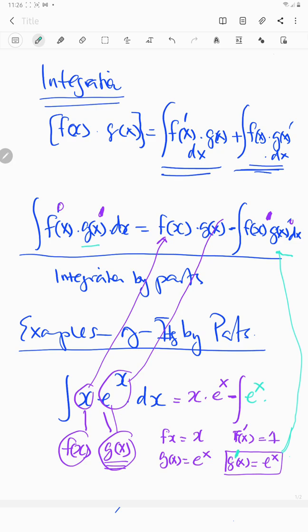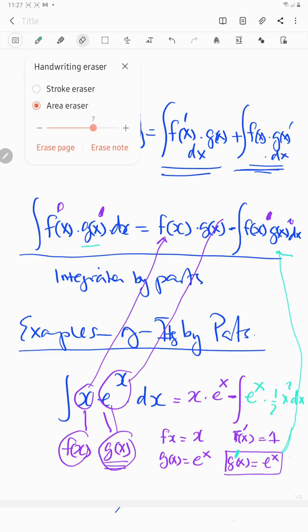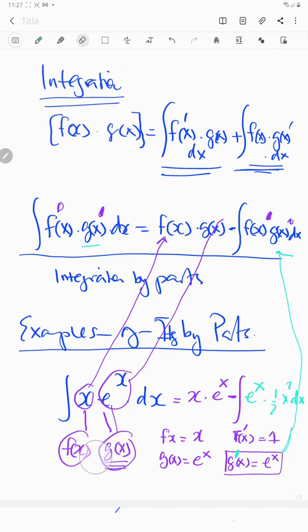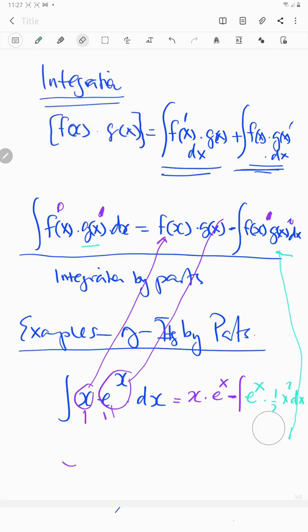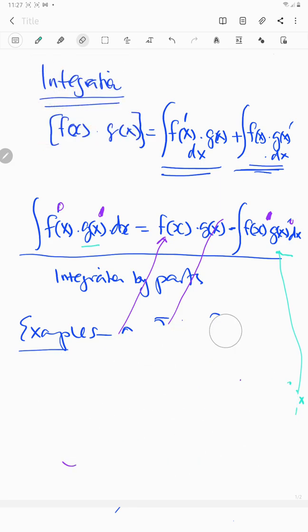Because it was g', we must look at that. At the end, we have half x to the power 2 dx. Having done that, we can simplify the results and determine the values.